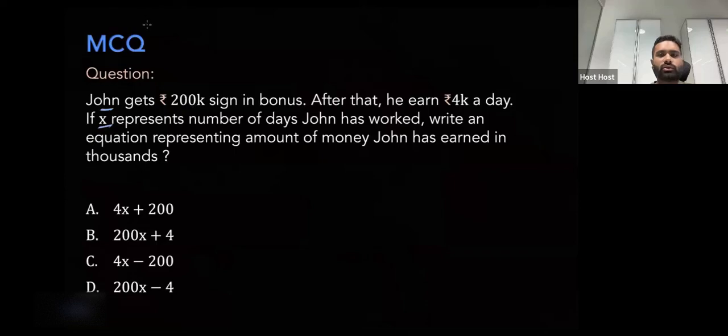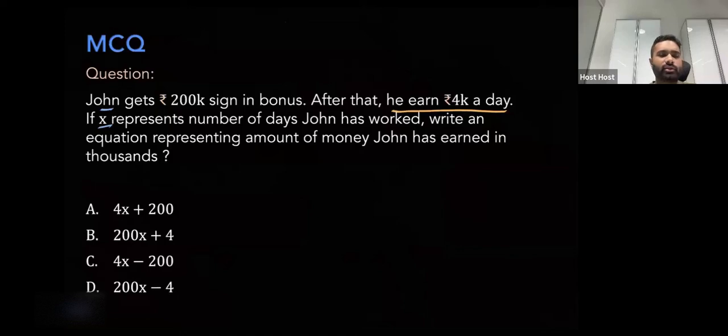So, please note, in this question it is not explicitly mentioned that it has a linear relationship. But because of this particular line that he earns rupees 4K every day, it should come to mind that the number of days he has worked and how much money he has earned will have a linear relationship only.